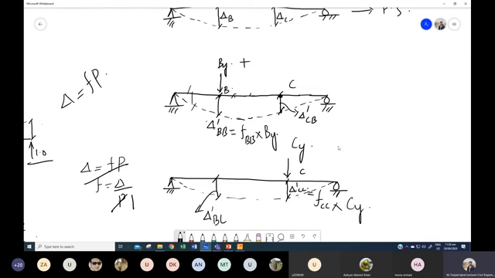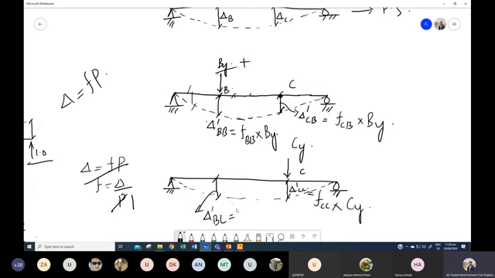So this is the deflection at point C. And what is this delta CB? Can anyone tell me the equation for this delta CB? Sir, FCB into BY. That is FCB, and the applied load is BY in this case. So it will be BY.